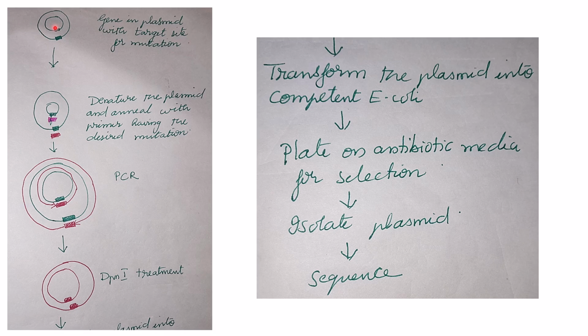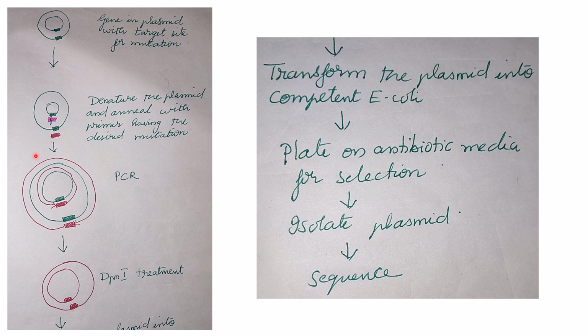So when the E. coli replicates, it will replicate this plasmid DNA, and this E. coli has a tendency to methylate its DNA strands upon replication at the GATC site with the help of the enzyme DAM methylase.